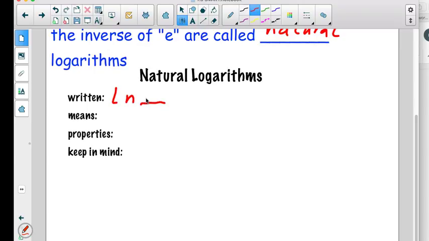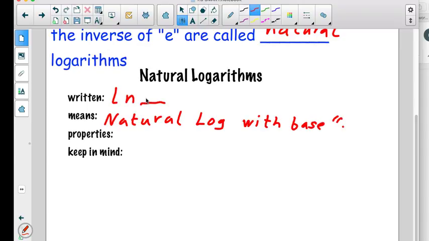What this means is it's a natural log with base e. So just like, what's the regular base for a log function? 10. So in this case, the invisible base is going to be e. The properties are the same as regular log.